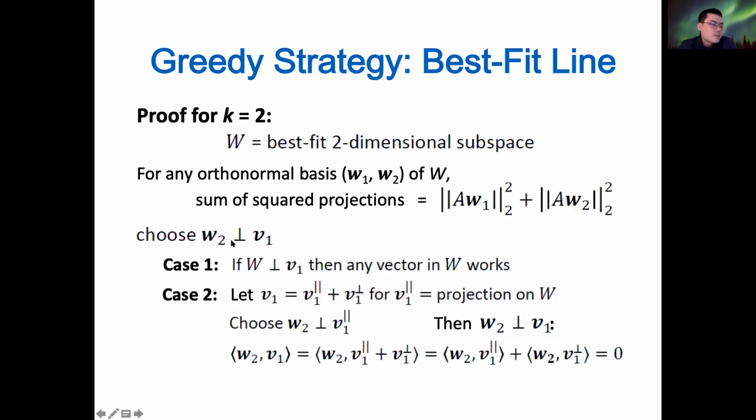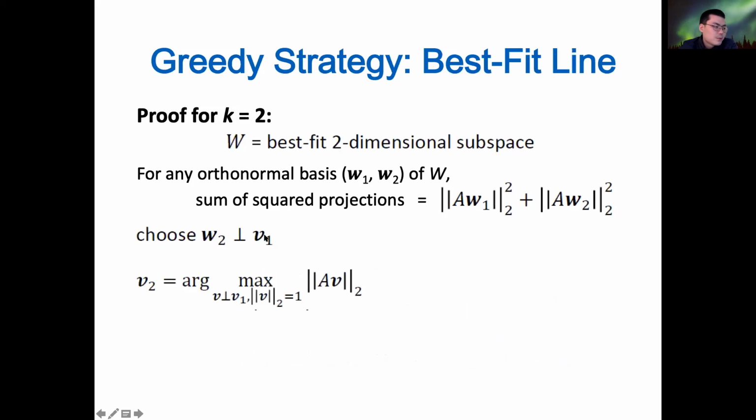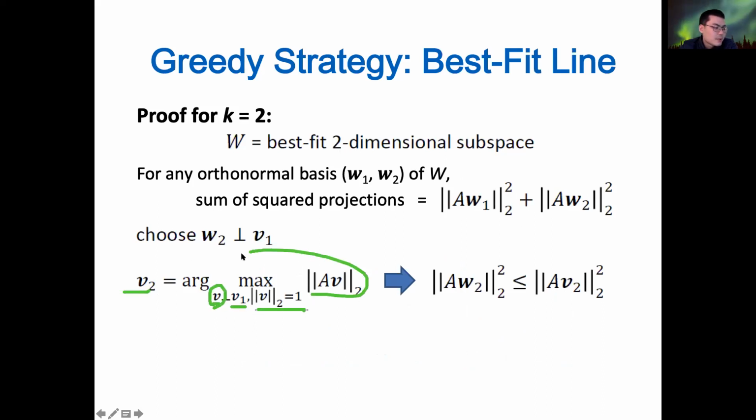Now that we know that W2 can be chosen from the subspace that you think is the best for two dimensions, if we choose such a W2 there, then we can show, following our definition of V2. V2 says we want a V2 to be orthogonal to V1, a unit vector, and maximize this. And W2, what is W2?